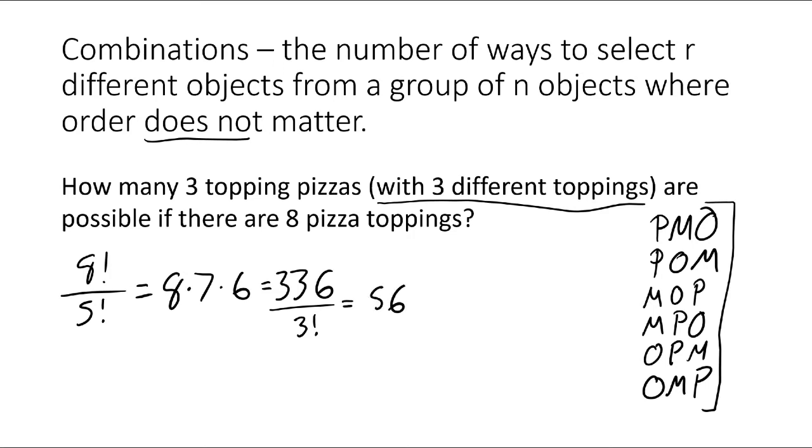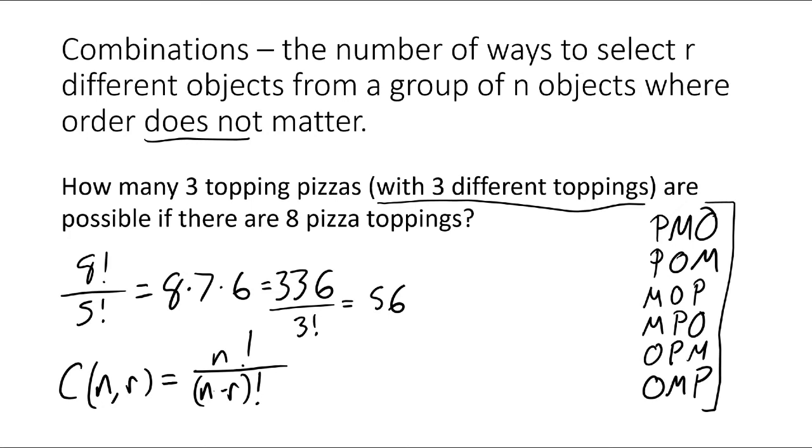So our combination formula is very similar. So combination nCr is n factorial divided by n minus r factorial. So that part is the exact same as the permutation formula. But then we also have to divide out the number of ways in which we could rearrange the objects that we're selecting.